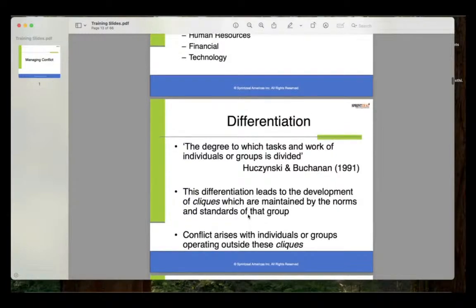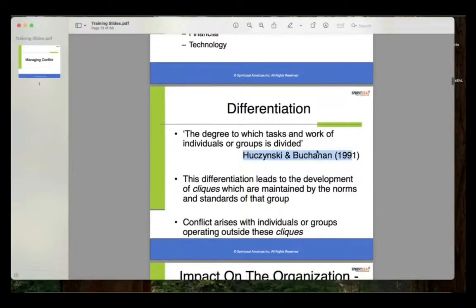What do we understand by differentiation? First of all, here we have the Buchanan definition, which is the degree to which the tasks and work of individuals or groups are divided. That is differentiation as a source of organizational conflict.